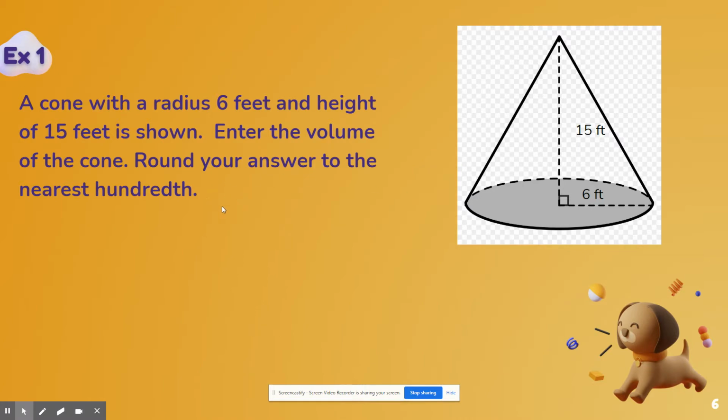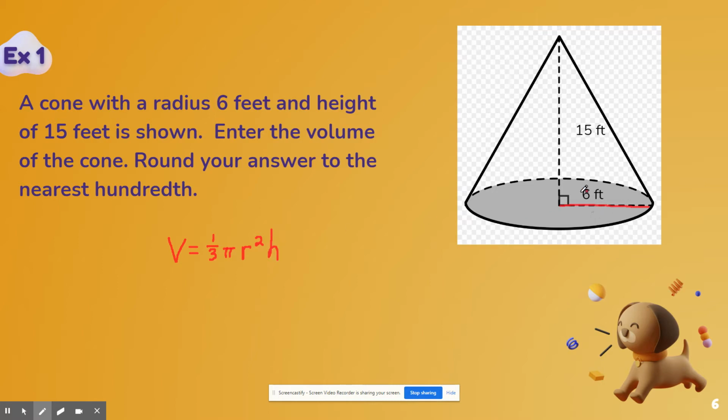So if we look at this cone, the radius is this here. Now, if we remember, it said volume equals 1/3 times pi times the radius squared times the height of the cone.